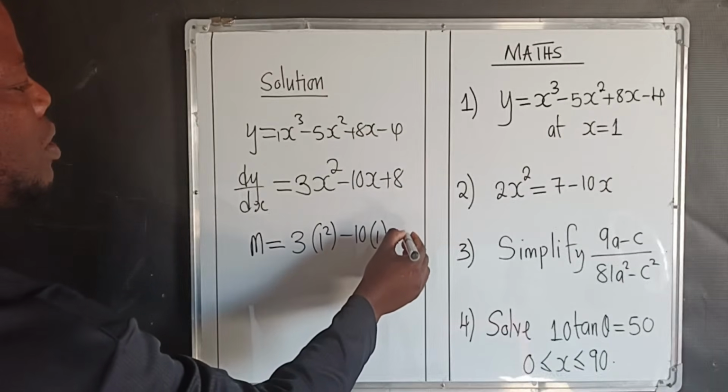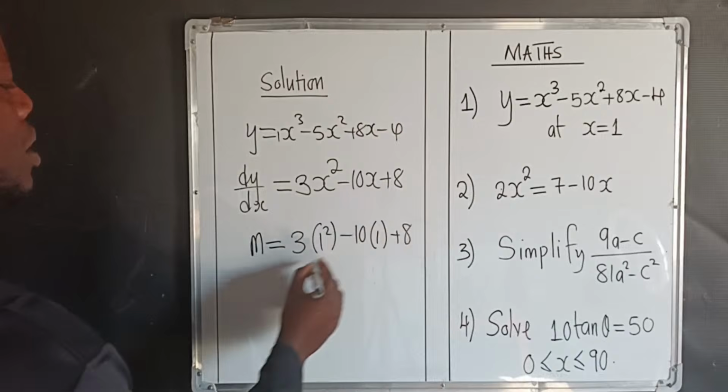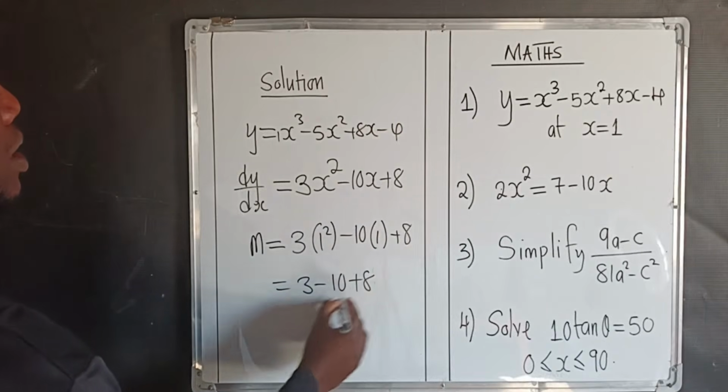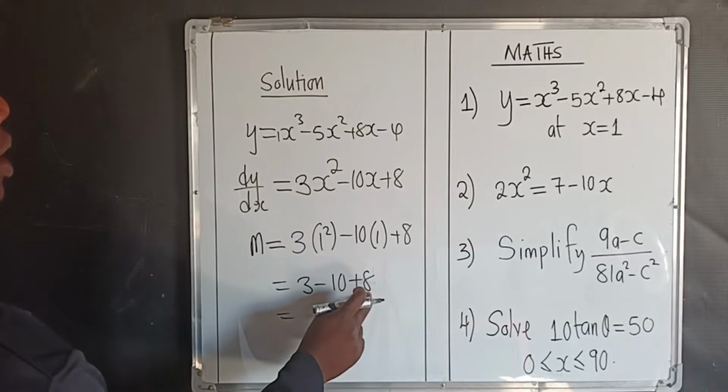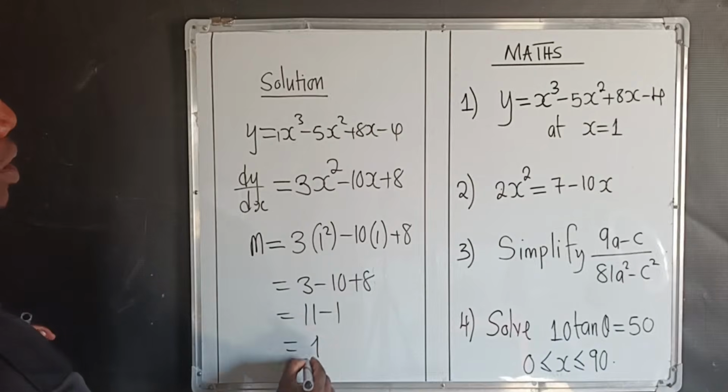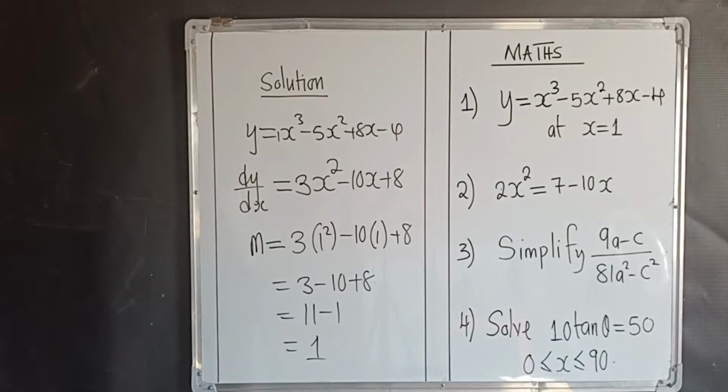And this is how it's coming out. So this is a 3 minus 10 plus 8. So 3 plus 8 is giving us 11 minus 10, and this is a 1. So the m, which is a gradient, is the 1 which we found right there. So that's 1 as our m.